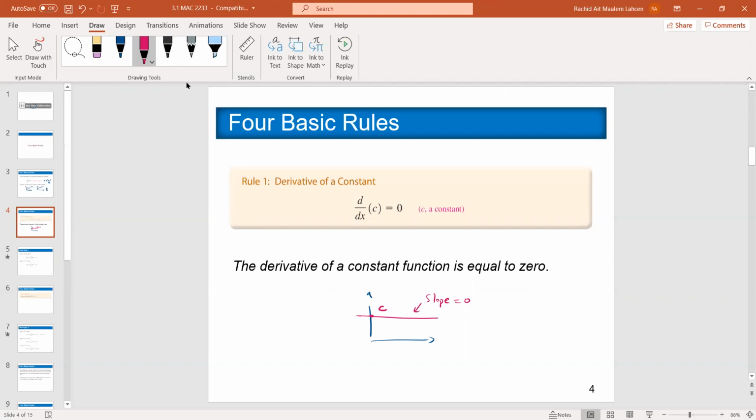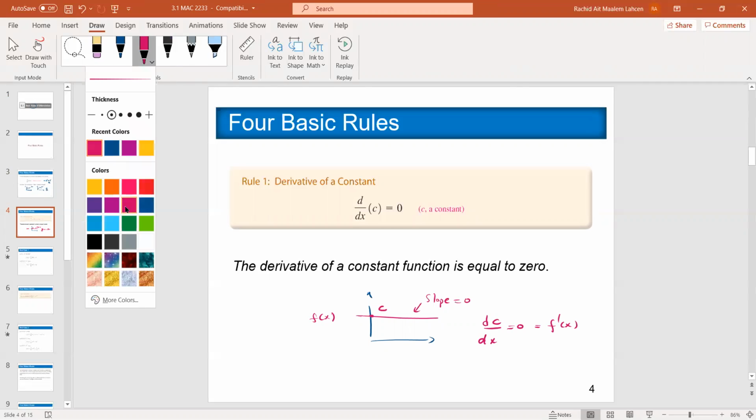And that's what the derivative stands for, the rate of change. This rate of change is not changing. And because of that, the derivative of this constant is 0. If this is f of x, f prime of x is 0, right? So keep that in mind.